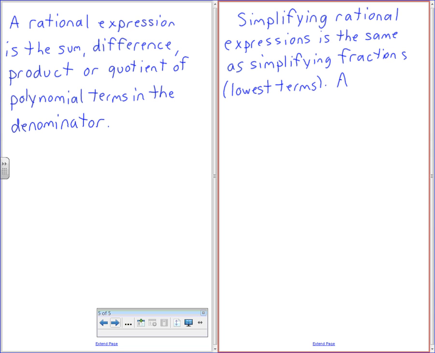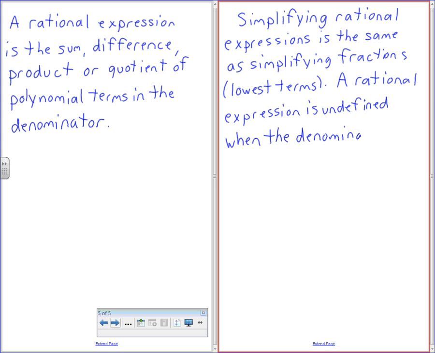We're going to say a rational expression is undefined when the denominator equals 0. Okay, so that's the end of my note for today. We're going to do examples after this.